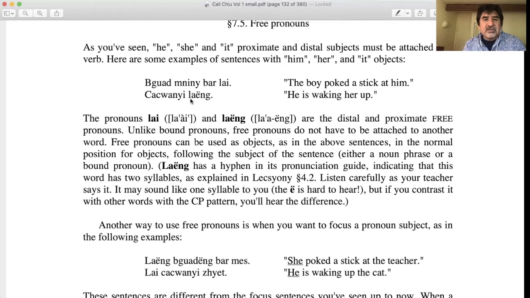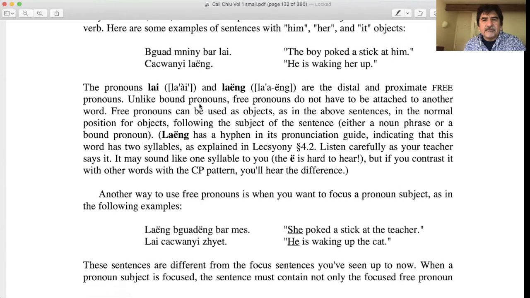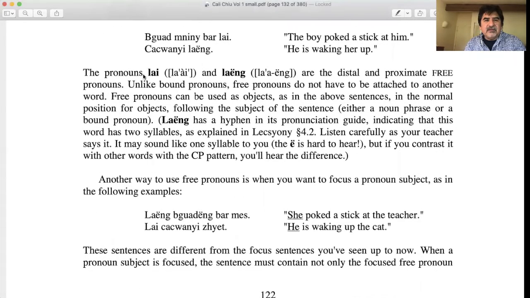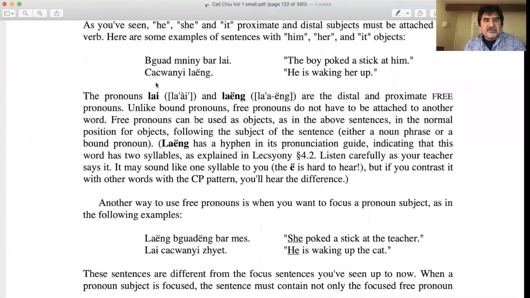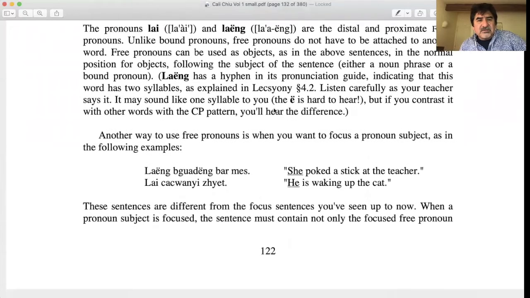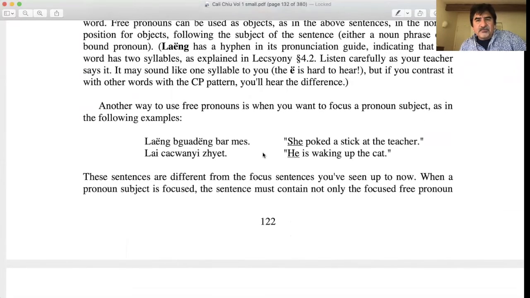So using the names, we're just using the pronouns here. So bound pronoun, free pronouns, okay. So again, lie is the distal pronoun, and lang is the proximate. And we've been talking all along about what that means. Okay. And we have some other examples here.